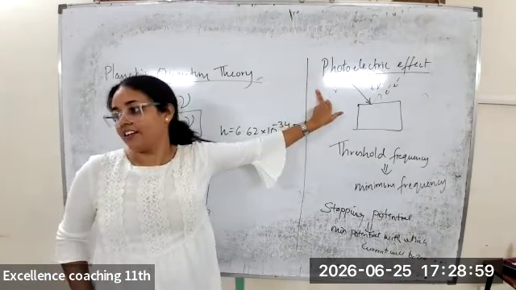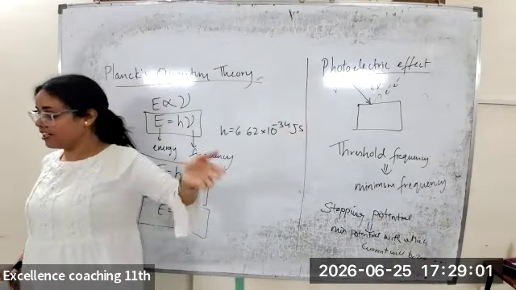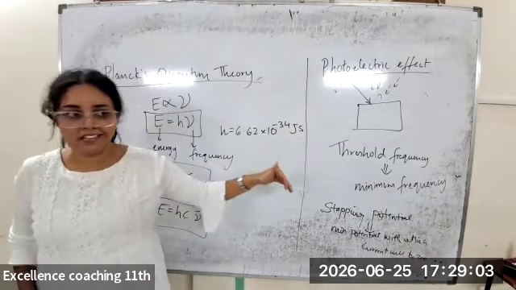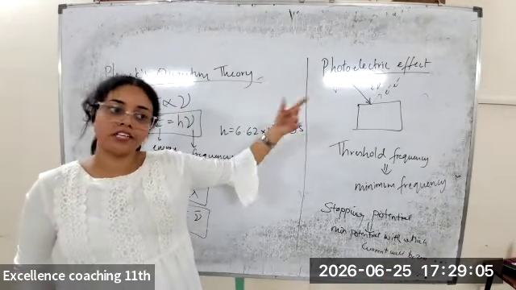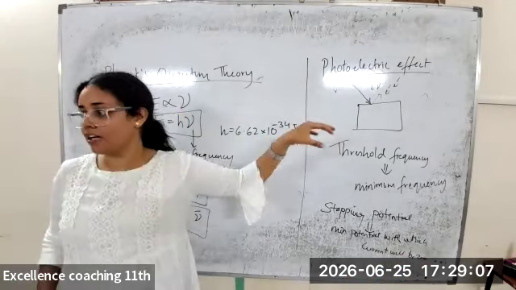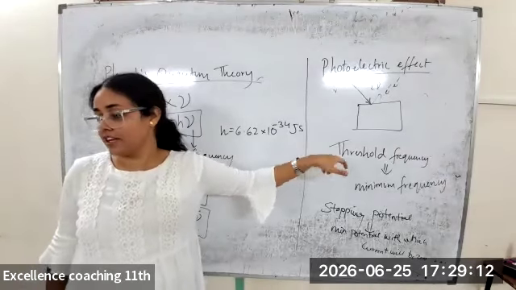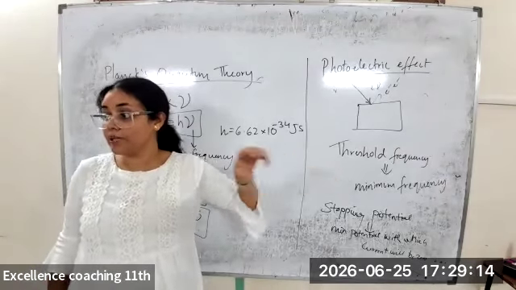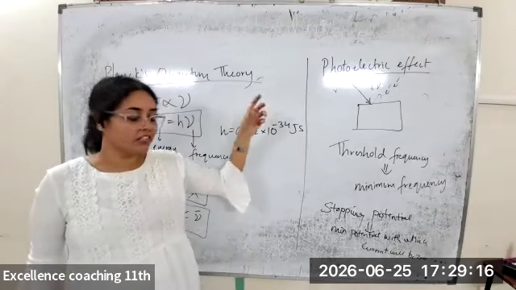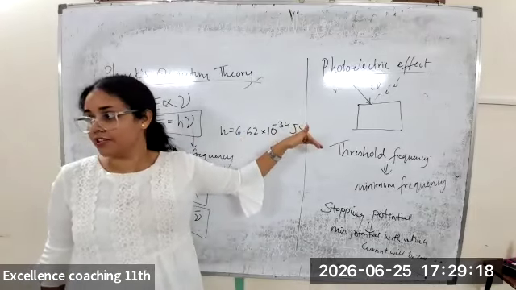So we learned three concepts. One is the photoelectric effect. It is nothing but when a radiation of minimum frequency strikes the metal surface, some amount of electrons are given out. Second, we studied the threshold frequency, the minimum frequency with which the radiation will strike the metal surface.